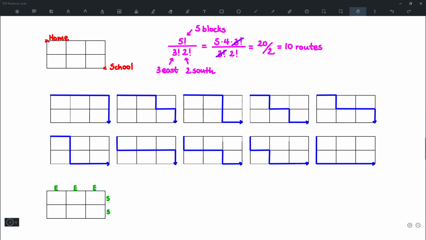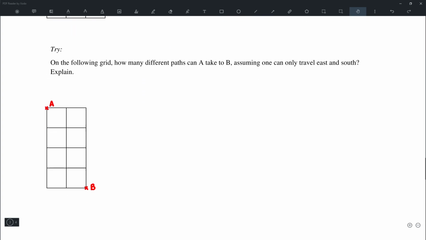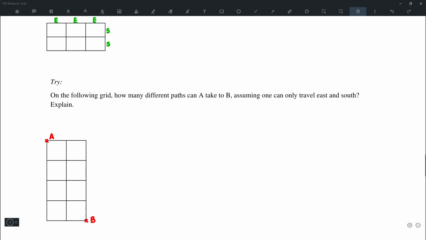So that's the idea. Let's look at another example here. Again, we're traveling from A to B, traveling only east and south. So we can see here in this case there are 6 blocks in total. Go ahead and add some colors. So east, east, and then 4 blocks south. 6 blocks in total, so 6 factorial is our numerator, divided by 2 factorial times 4 factorial.